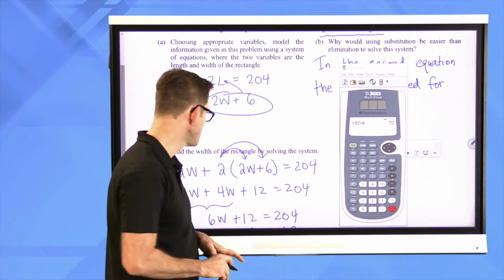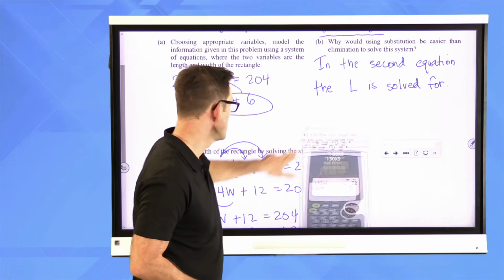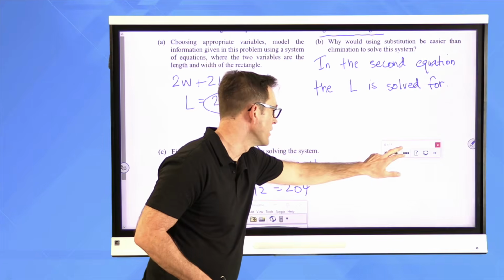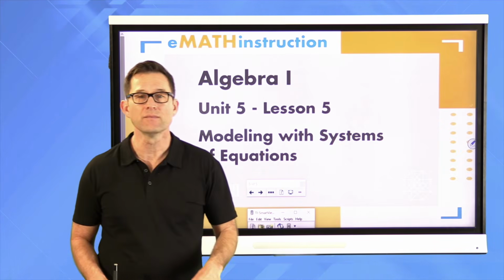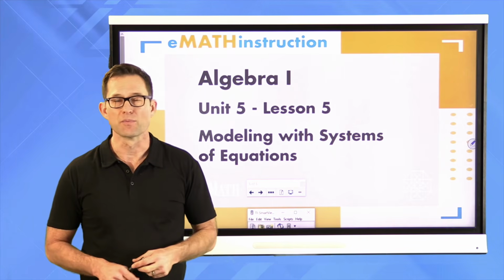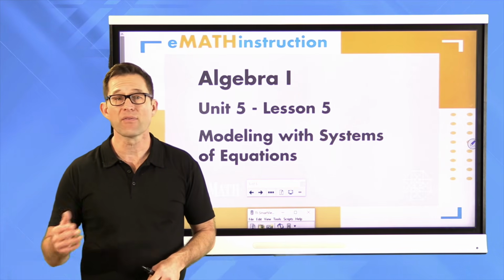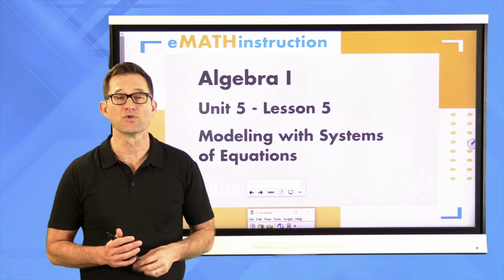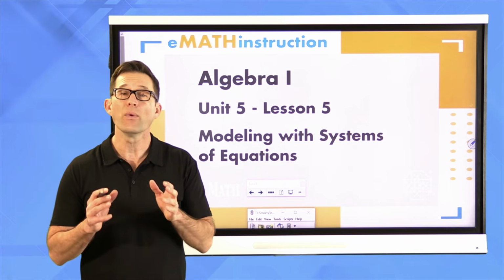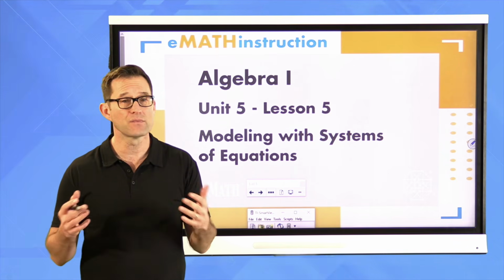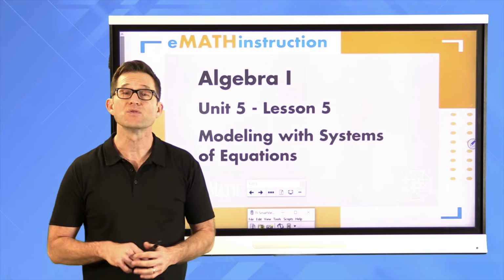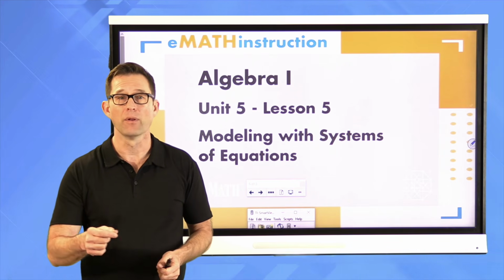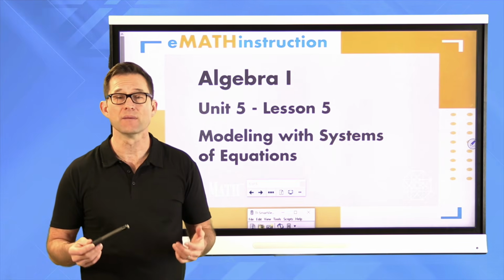All right, let's wrap this up. Okay, so in today's lesson, right, we didn't learn any new algebra. We really didn't, right? We used the method of elimination and the method of substitution to solve systems. What we did do, though, and this tends to be pretty tricky for students, understandably so, is we had to model problems using these systems of equations.